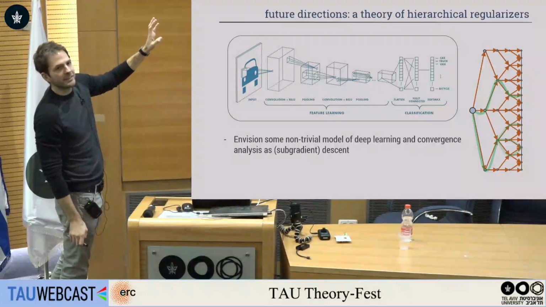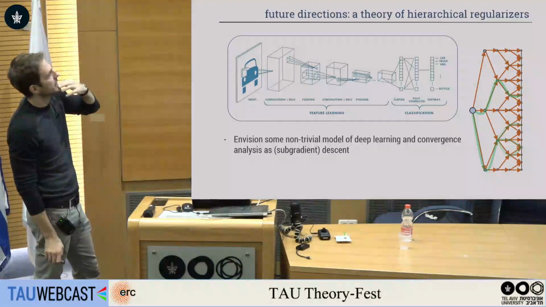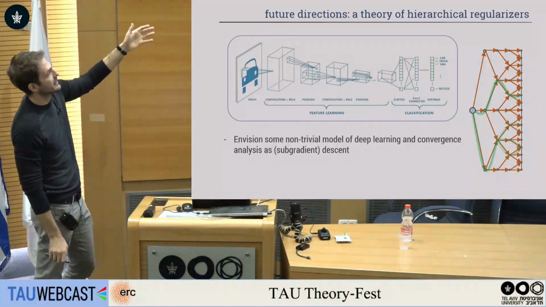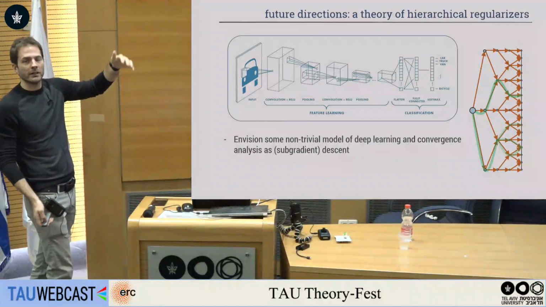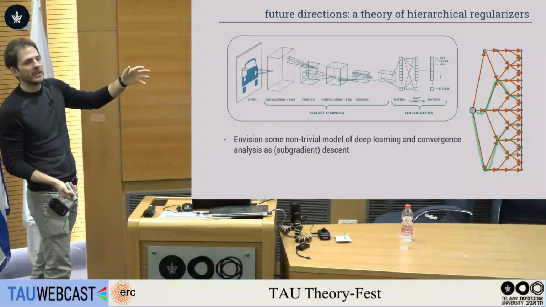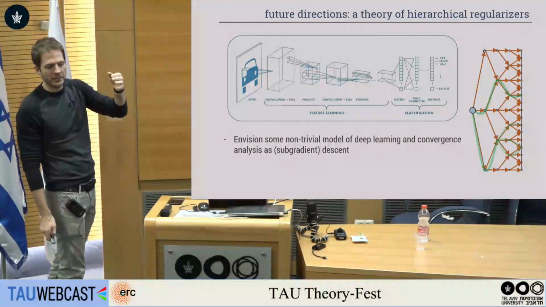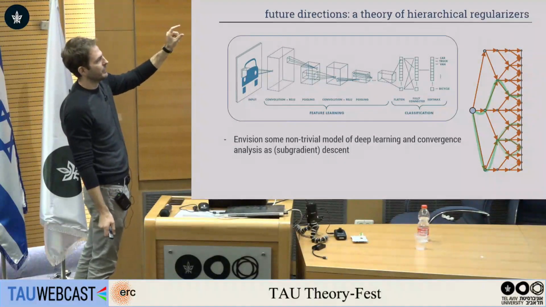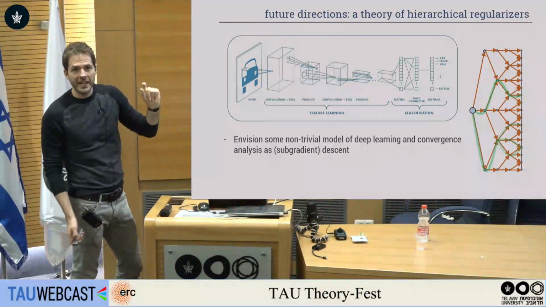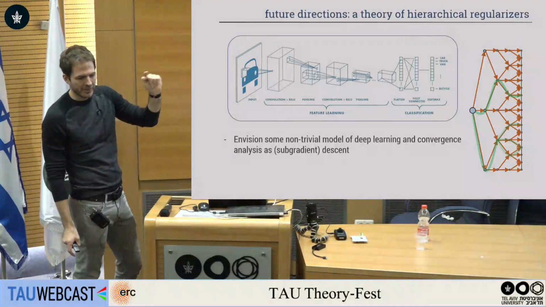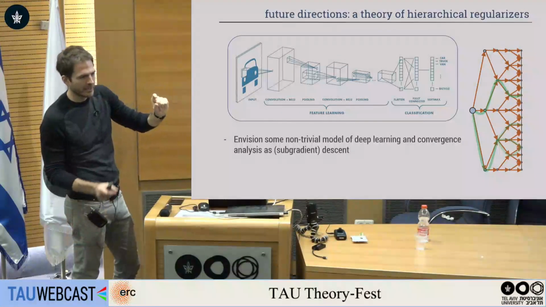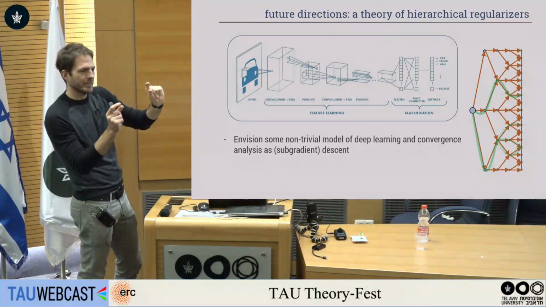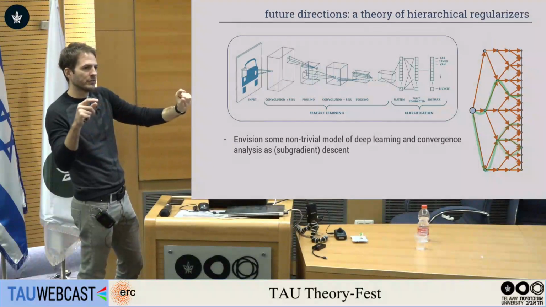It would also be nice, and this is what I'm planning to work on in the coming year, to have some non-trivial model of a deep network. The upcoming paper of Jaewon and Yuan Zhu is a good testing case for that. The way that they analyze the dynamics of their neural network is that there is a planted solution, so they know where they want to converge.